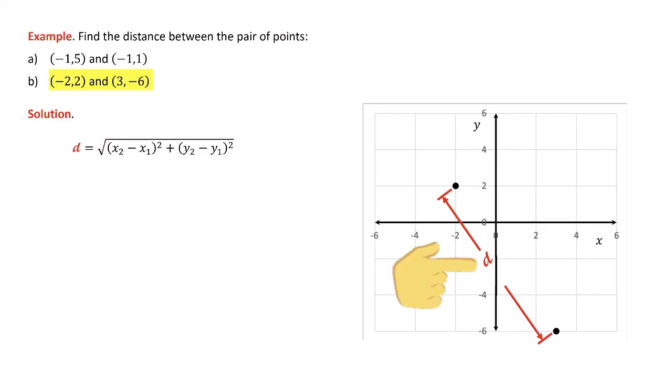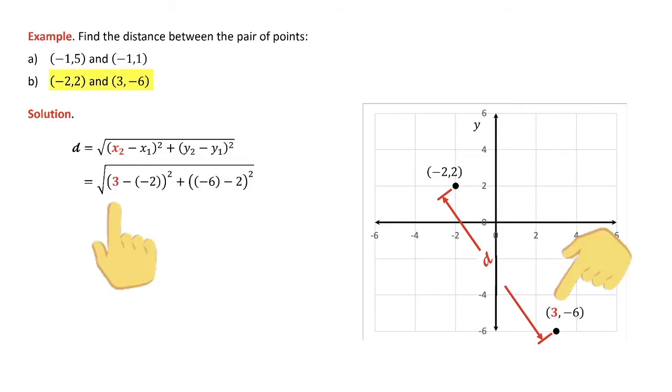Now let's do it using the formula. You have to have a formula. So here's D, and here's our formula right here. I have to identify a point 1. I'll just take this one. Either one can be point 1. And I'll identify a point 2. That's my second one. And we just have to substitute the data.